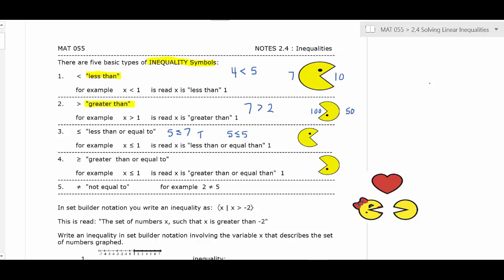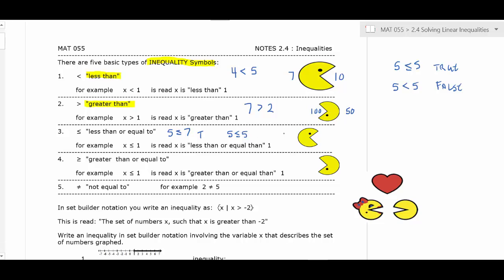One of the things you want to get confident with is that the statement 5 is less than or equal to 5 is true because it's okay for them to be less than or equal. However, if you had 5 is less than 5, then that's a false statement. So that's the difference between the two. The bar allows for them to be equal.